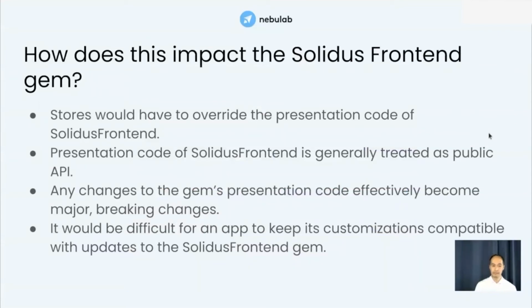As such, if a store has to customize the front end, it would have to override the presentation code of Solidus Frontend. This presentation code not only covers the Ruby code, such as the views and controllers, but also the static assets, style sheets, and the JavaScript code. It even covers binary files, such as our images.